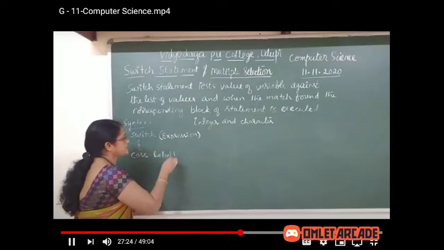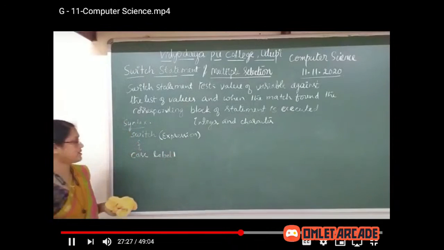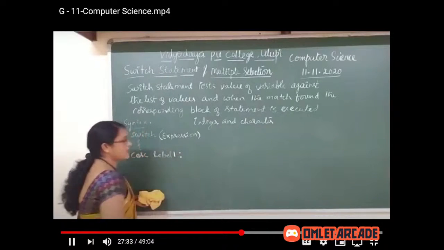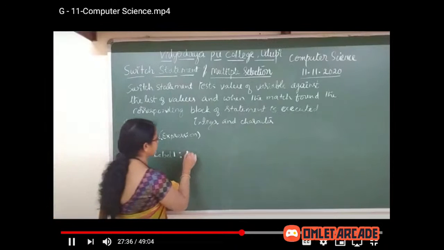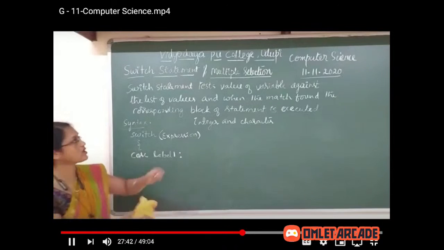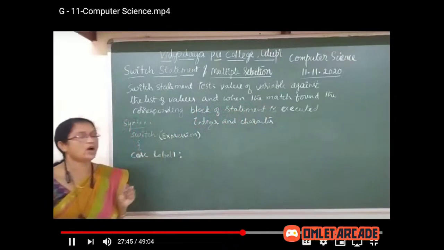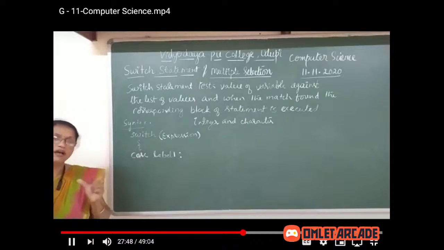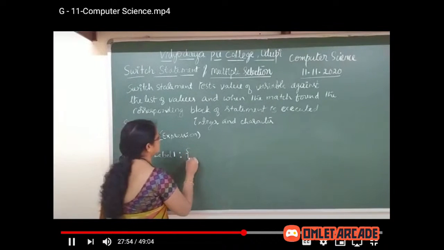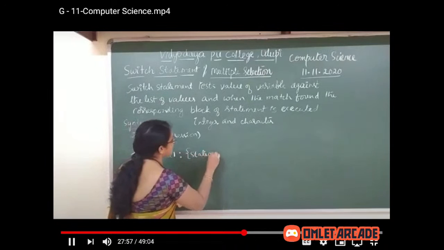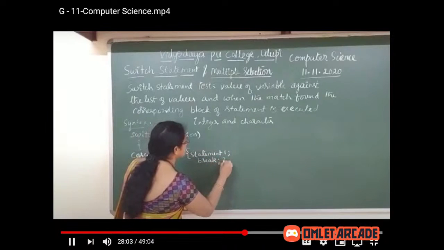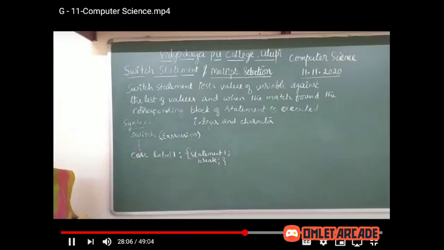Either that is integer type or character type. After label 1, put colon, that is a must, then with or without flower bracket, because at a time only one statement will be executed, because when the match is found, the corresponding block of statement is executed. If you put flower bracket, no problem. Statement 1, without flower bracket also you can write, break. Close the flower bracket. One block of statement.